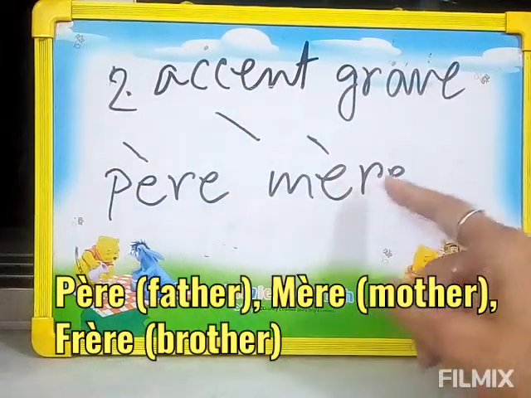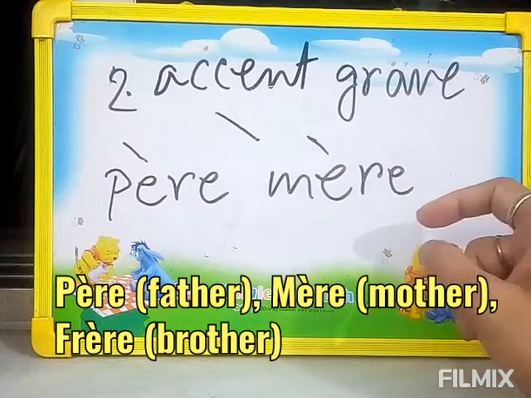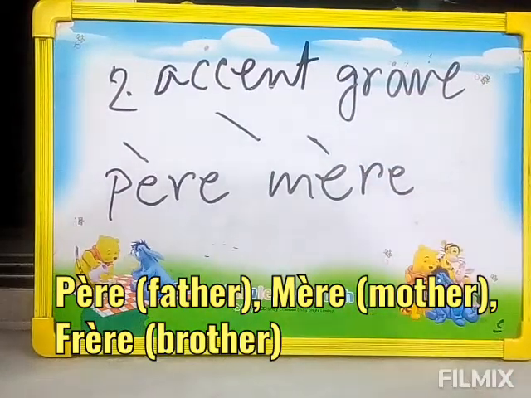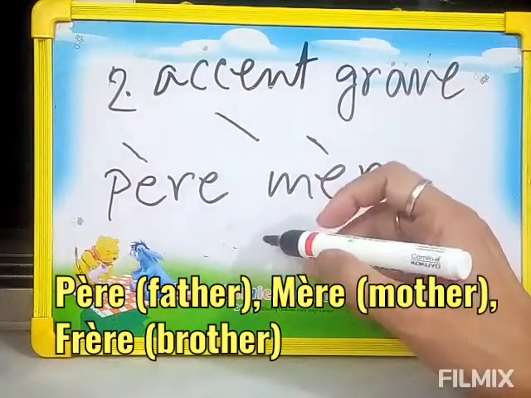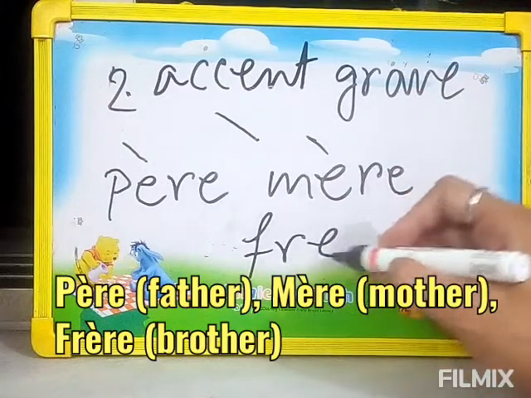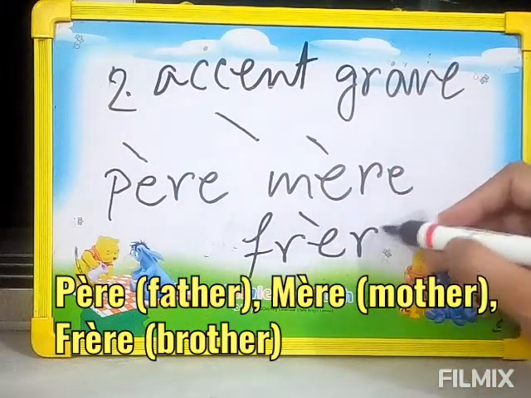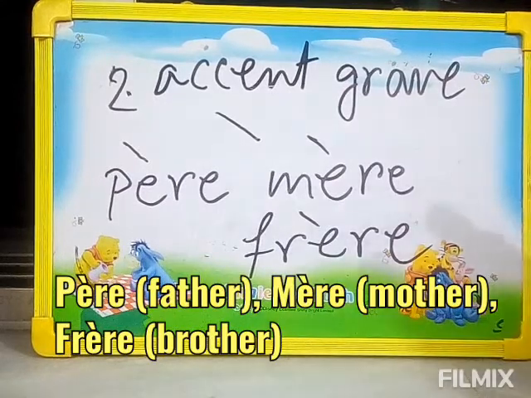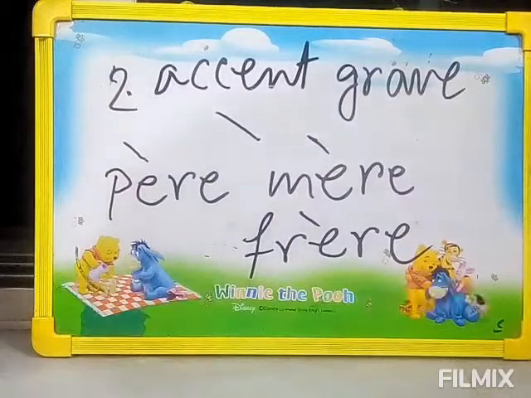Mère, E with accent grave: mer. Flattened pronunciation. Père means father. Mère means mother. Frère, another word, E with accent grave: frère. Frère means brother. These are the applications of this grave accent on the alphabet E.